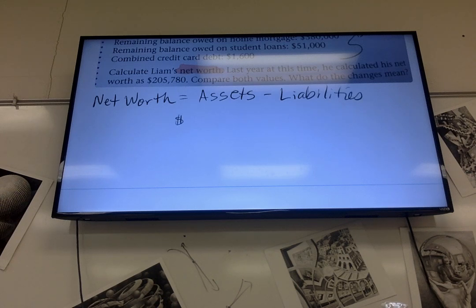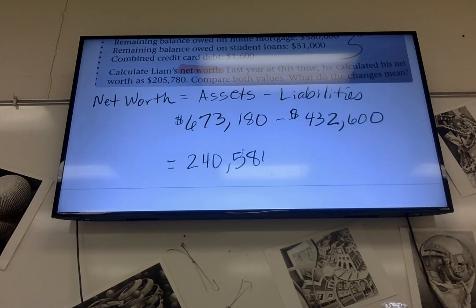So that is, our assets were $673,180, and our liabilities were $432,600. So what's our net worth? $240,580. Yeah. So you have to subtract those.